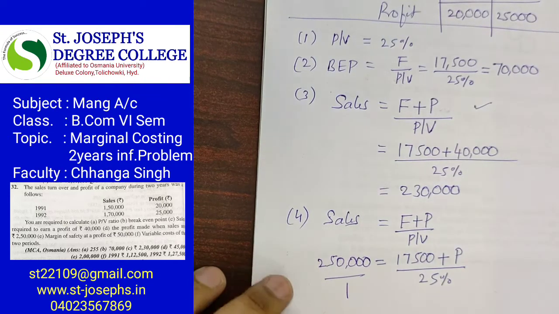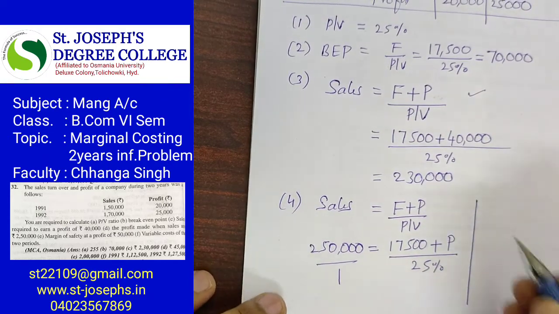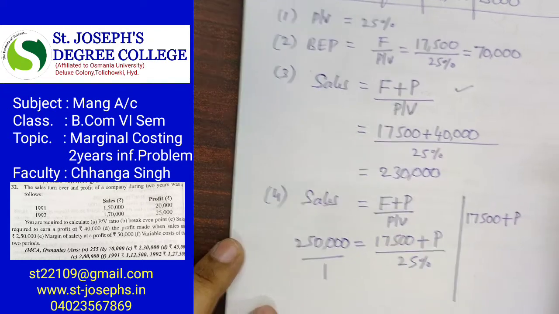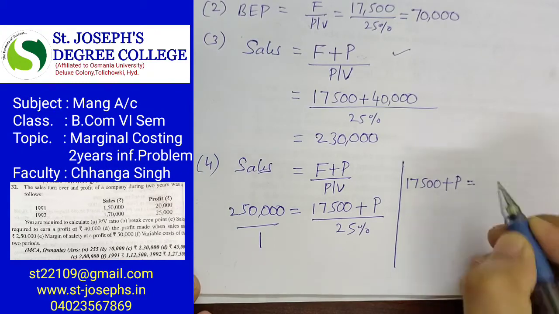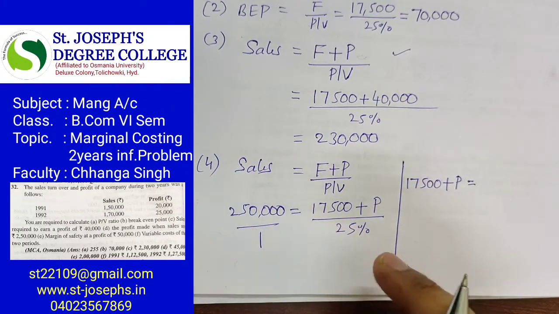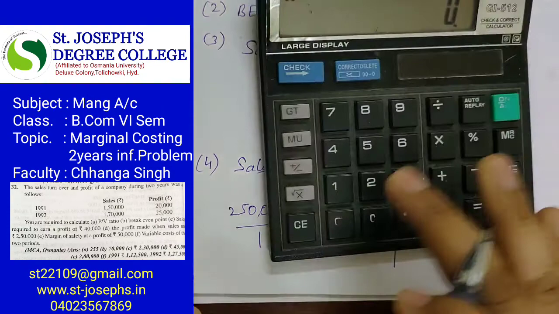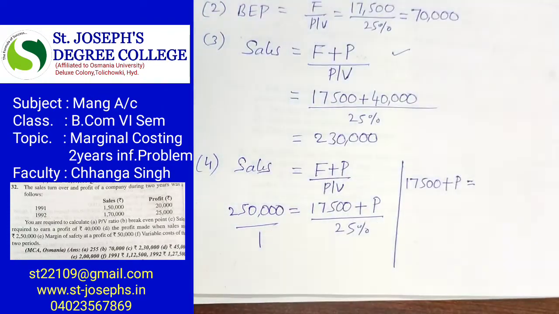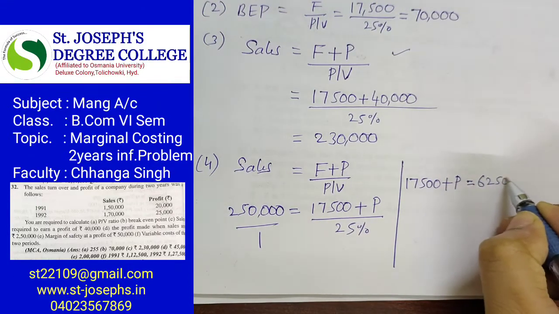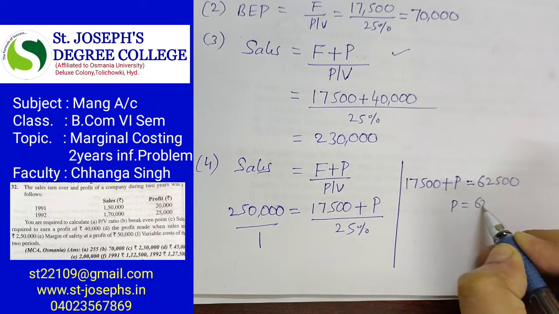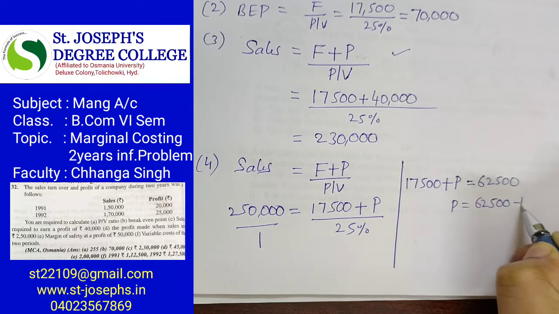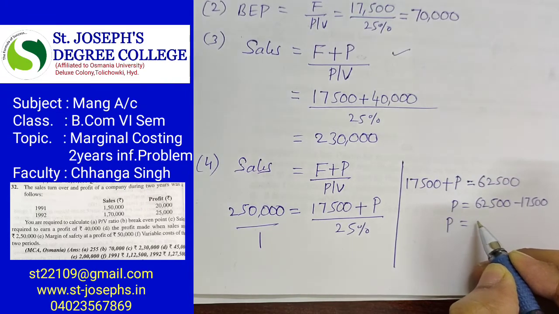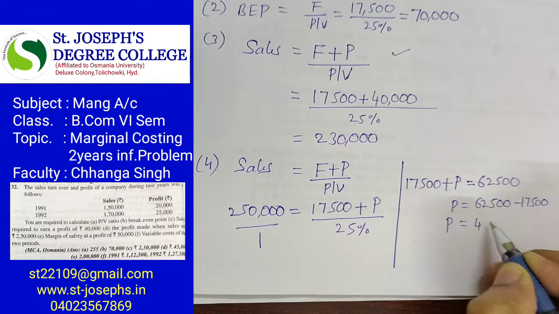Let's cross multiply it. 17,500 plus profit is equal to 2,50,000 into 25%, which is 62,500. Profit is 62,500 minus 17,500. So your profit is 45,000.